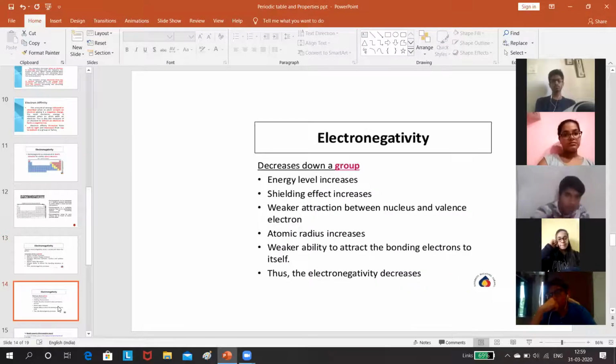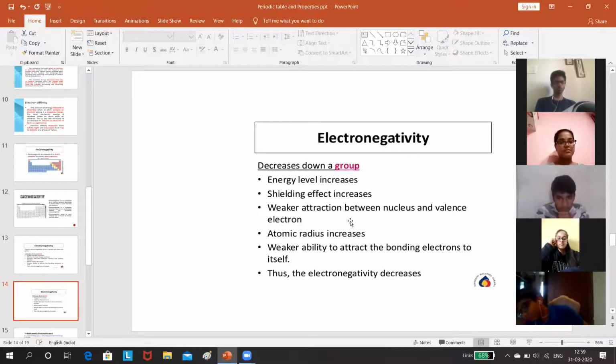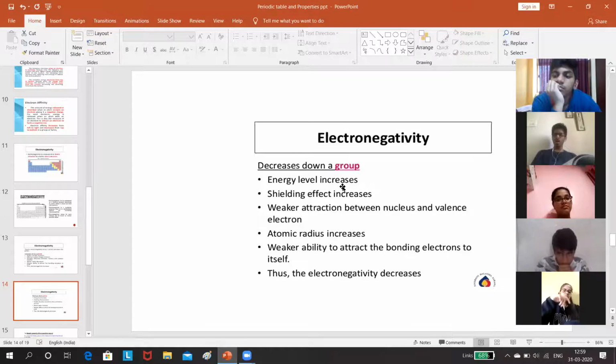Whereas down the group, energy levels, nothing but the number of shells, increase. So what happens? Ma'am, indirectly, do only the neutrons increase? Neutrons, but neutrons do not have any charge. The attraction is between nucleus and electrons. So down the group, as the number of shells increases, the distance between nucleus and the valence shell increases.